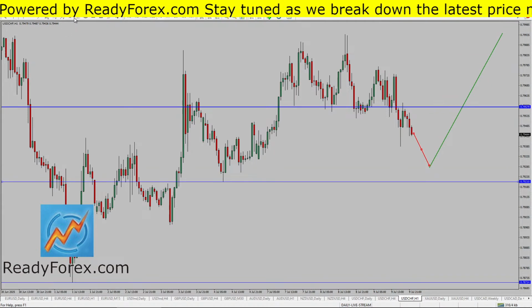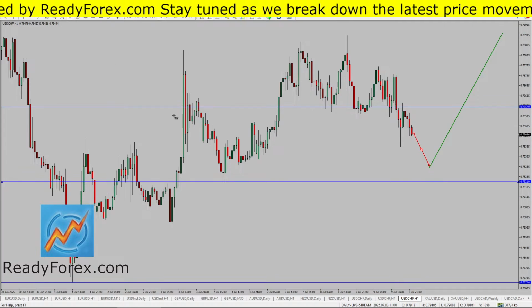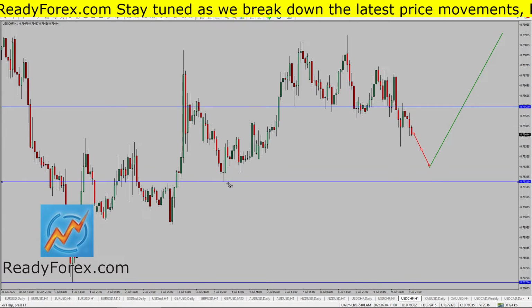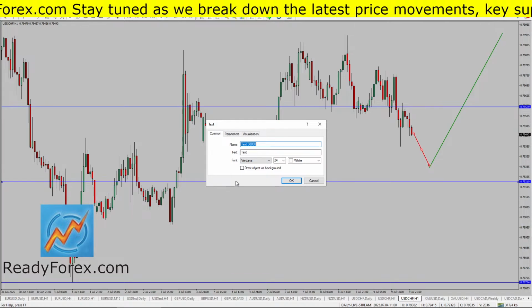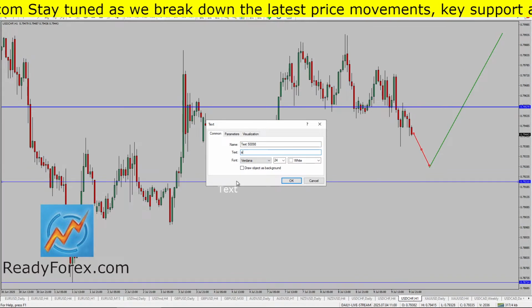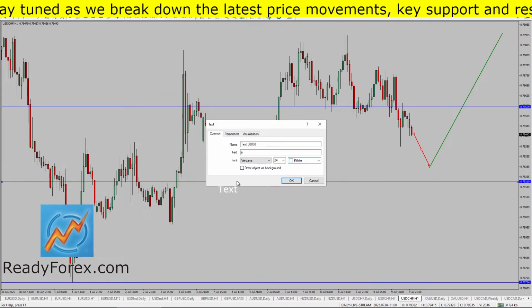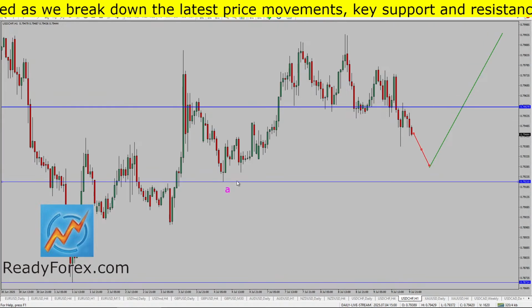Okay, so this is the forecast, and let me label this chart as well so you guys get an idea of what I'm talking about. So here's the labeling. It seems to me we got this as wave A. Let's use magenta color.